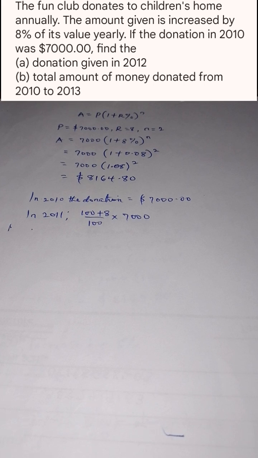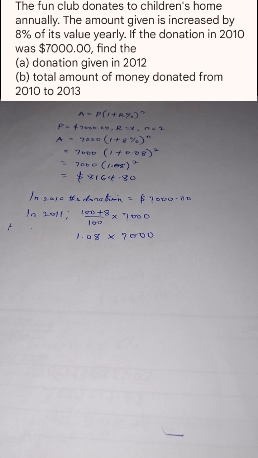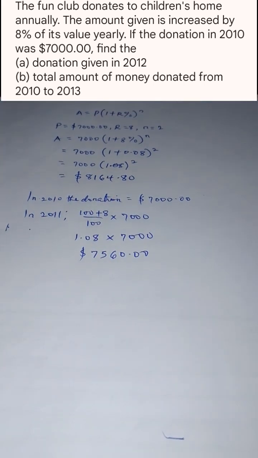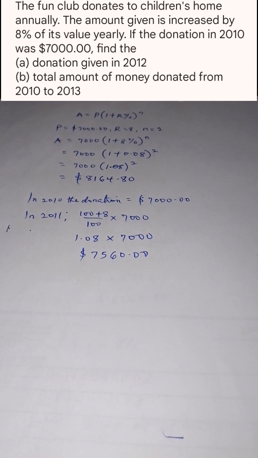But what we're doing now is increasing it by 8%. So that is 108 divided by 100, which is 1.08. We multiply that by 7,000, and we have $7,560. This is what we have at the end of 2011.